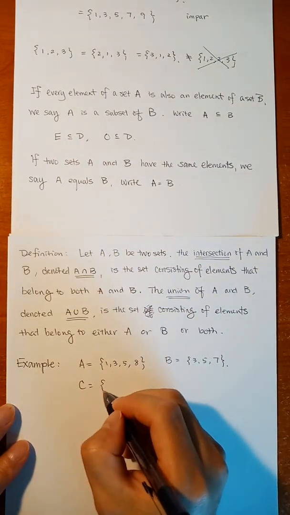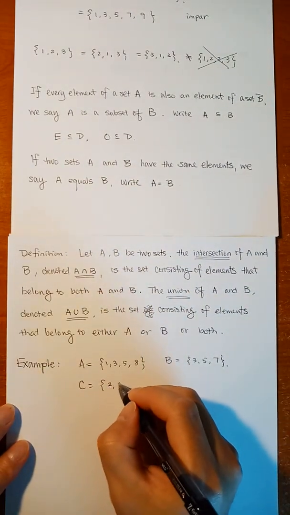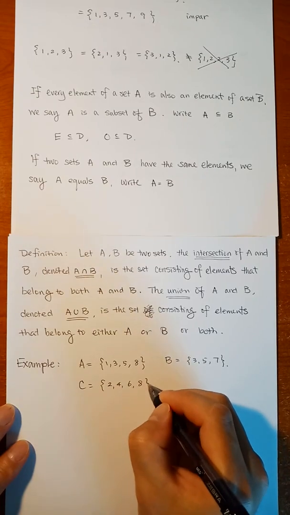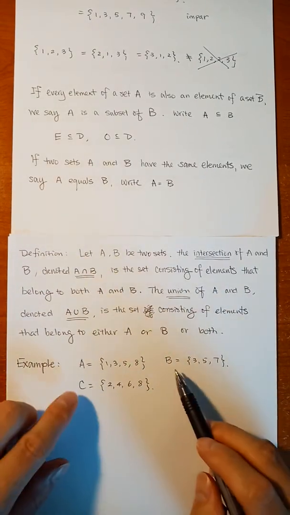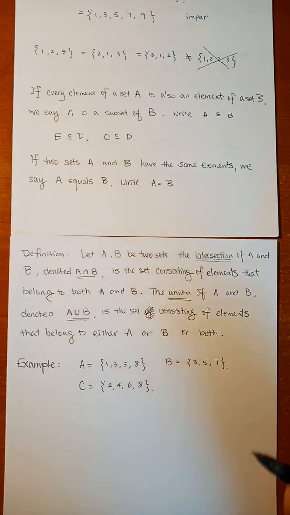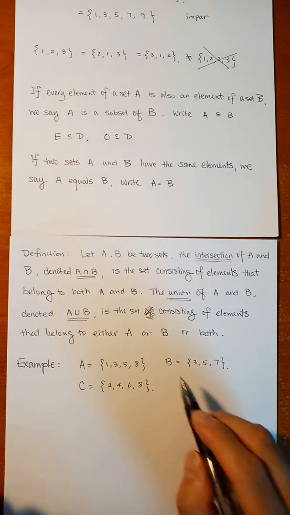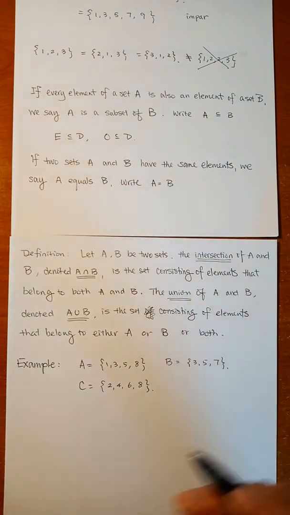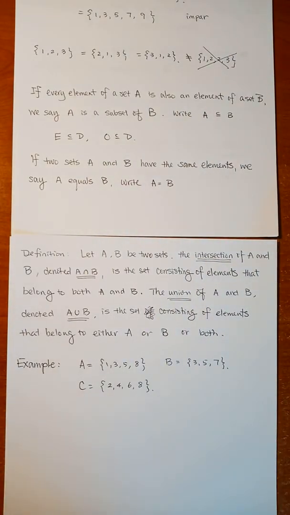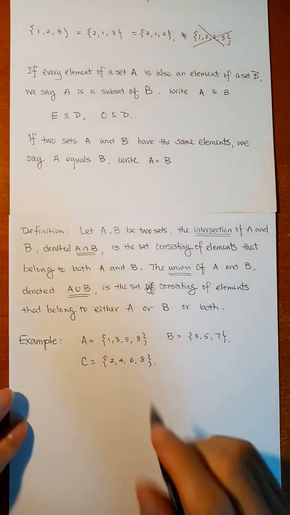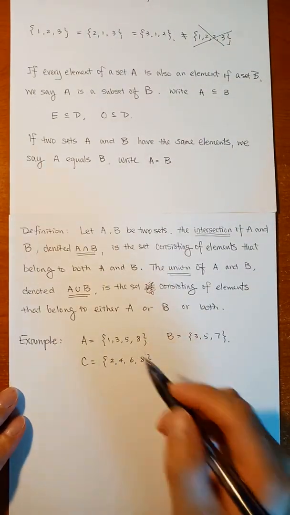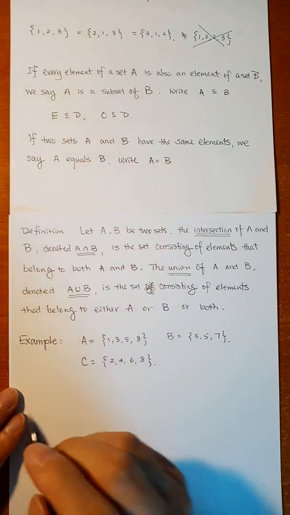C be 2, 4, 6, 8. Well, usually we use a capital letter to denote a set, and a smaller regular letter to represent an object inside the set. Okay, that's just convention. Assume we have those three sets, A, B, C, D, E, F, G, whatever.